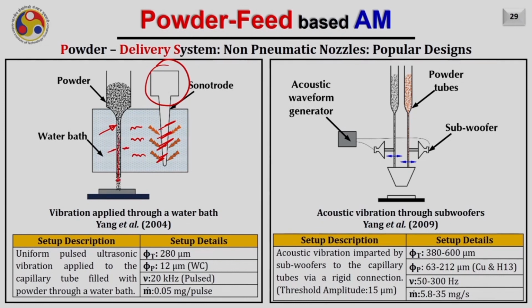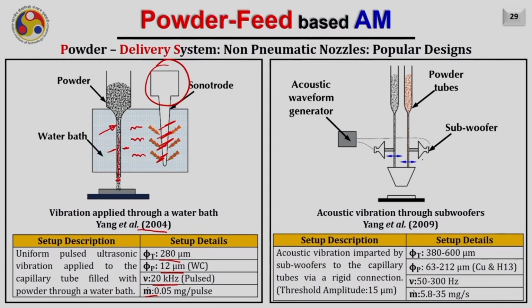Typically in such a system, in the study of Yang et al., a tube of diameter 280 micron was used, powder particles of 12 micron, a frequency of 20 kilohertz, and a mass flow rate of up to 0.05 milligram per pulse was achieved.